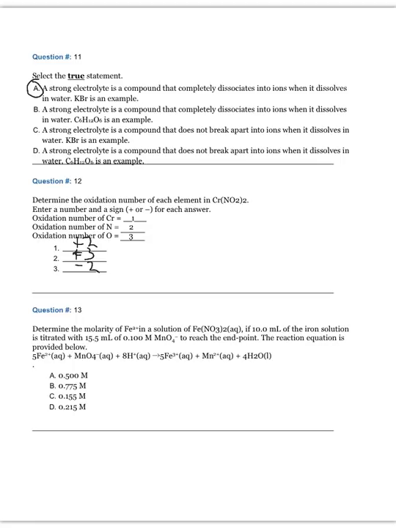The reaction equation is provided below. 5 moles of Fe2+ react with 1 mole of MnO4- plus 8 moles of H+ to yield 5 moles of Fe3+, 1 mole of Mn2+, and 4 moles of water. The answer is B, 0.775 molar.